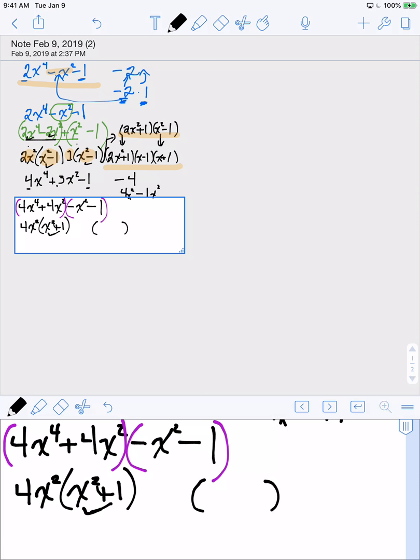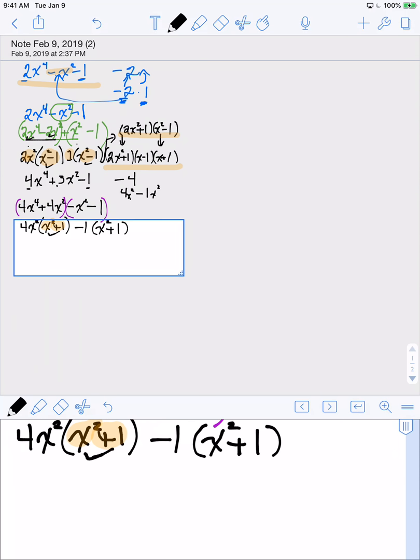So if I pull out a negative 1 as my greatest common factor, that will make the negative x squared a positive x squared, so it's like this one. And that will make this negative 1 a positive 1. So it's like this one. Now they're exactly alike.